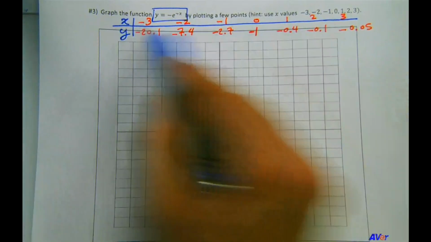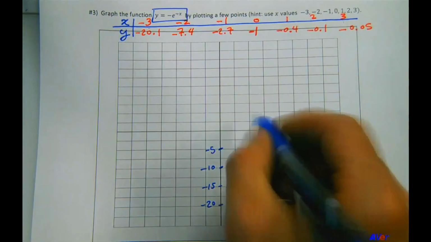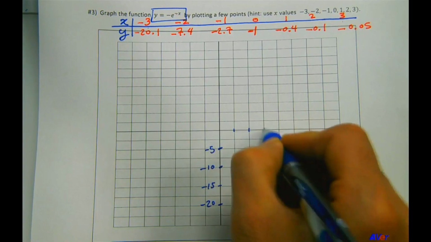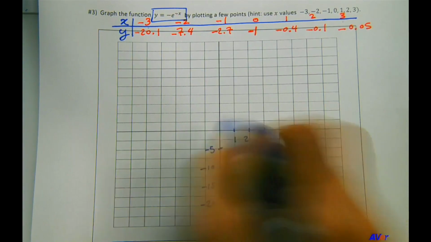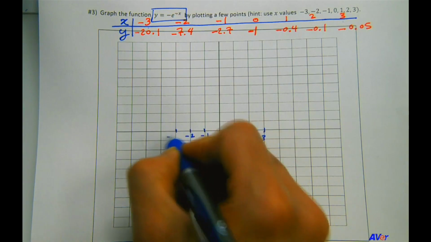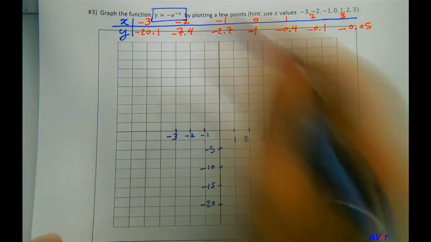And along the x-axis, we have positive 3 and minus 3. So let me do that. So 1, 2, 3, negative 1, negative 2, negative 3. Okay, so let's plot these points.